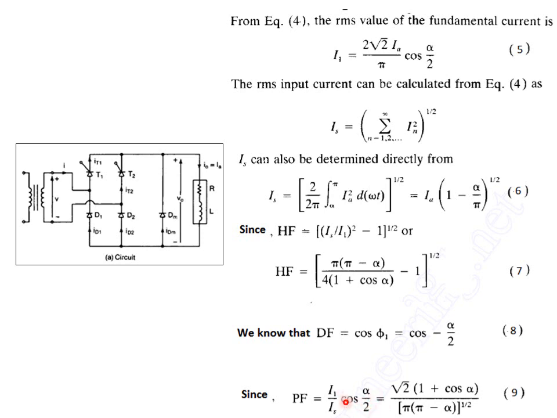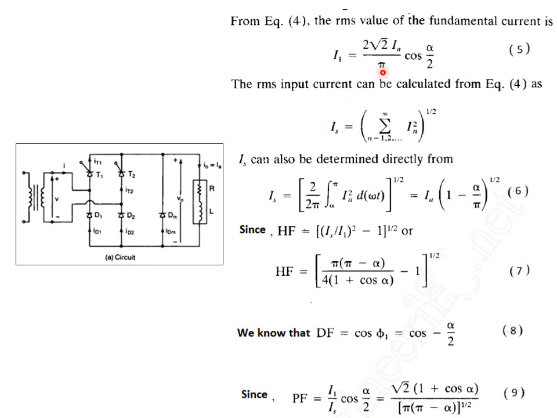Substituting for I1 and Is, I get equation 9, which is equal to root 2 times (1 plus cos alpha) upon pi times (pi minus alpha) under the root sign. More than the derivation, you are expected to remember these formulas so that you can directly substitute them in the problems.